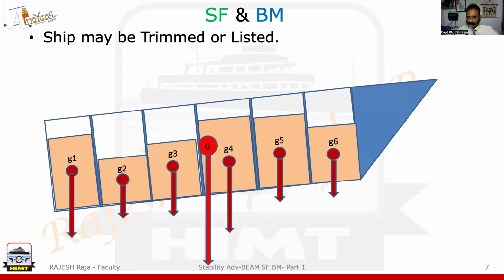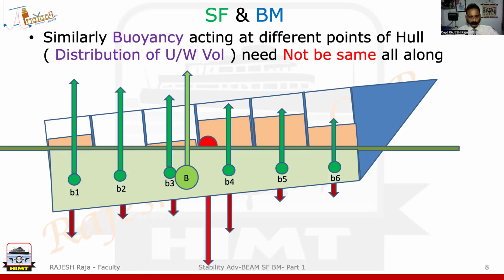But obviously, even if it is trimmed or listed also, the force of gravity is still going to act vertically downwards. Now, I'm including the water now. So all I've done is I've included the water, which means your draft. The drafts is not the same in the forward and aft, which means the force of buoyancy is also not the same along the length. So they are different. This is what you need to understand.